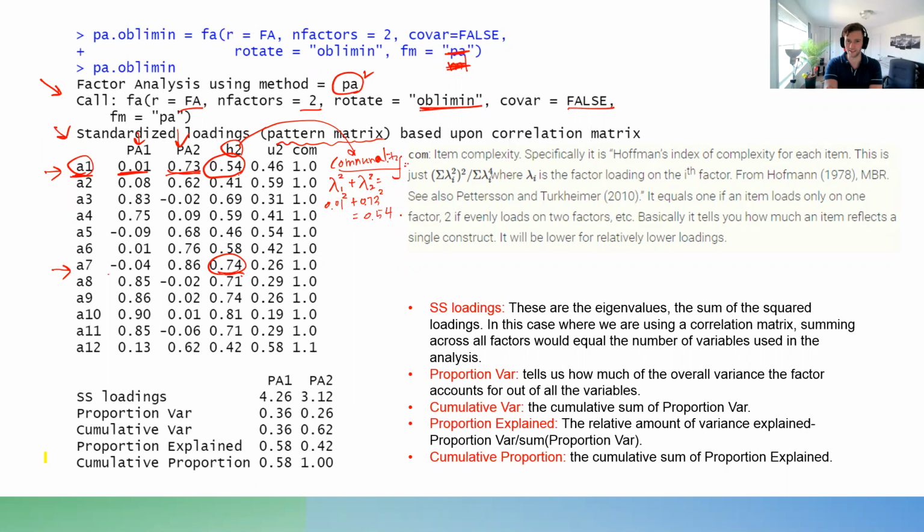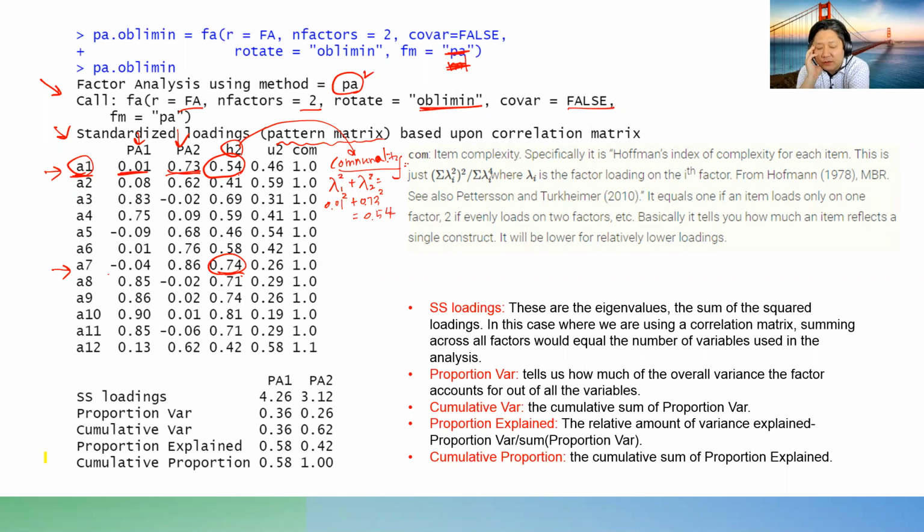Phil, I have another question. Sure. If the rotation were an orthogonal rotation, would the loading not be controlled? Like, you're not controlling for the variance of factor 1 and factor 2 because it's forced to 0, or do they? Does that make sense?